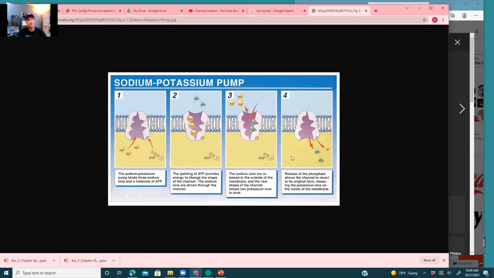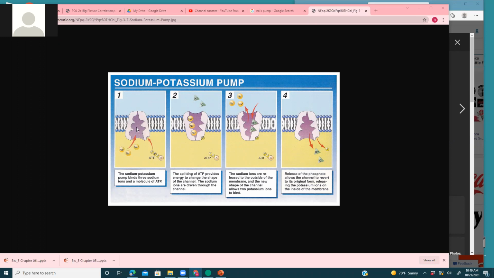Here's the thing. I don't want you guys trying to memorize how the sodium potassium pump works. Here's the big point, and what brings us back to what we were talking about. Basically the big picture is we have a great amount of sodium outside of the cell, a smaller amount of sodium inside of the cell, but we still, for some reason, need it out.